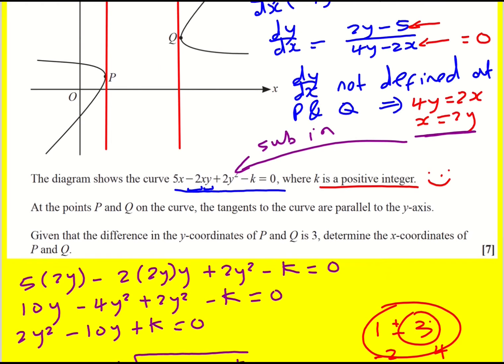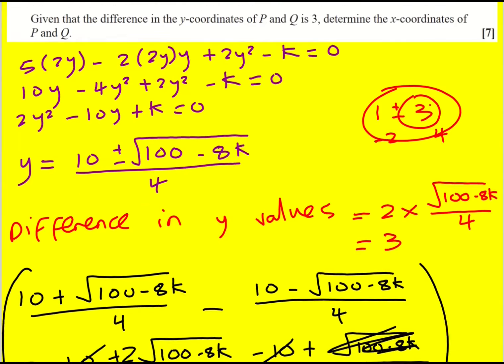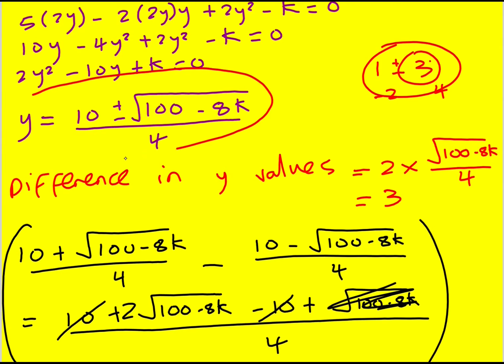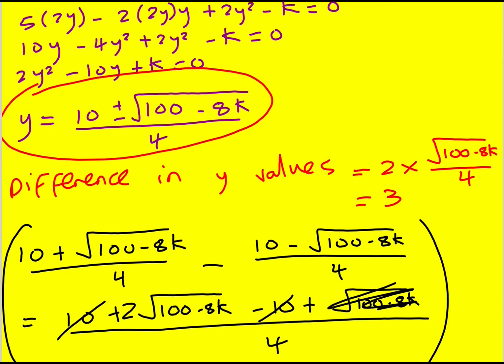And now we can actually use that to work out the values of y. We can put it back into here. So k is equal to 8. We're going to get y equal to 10 plus or minus the square root of 100 minus 64. That's 36, square rooted is 6, plus or minus 6 over 4.